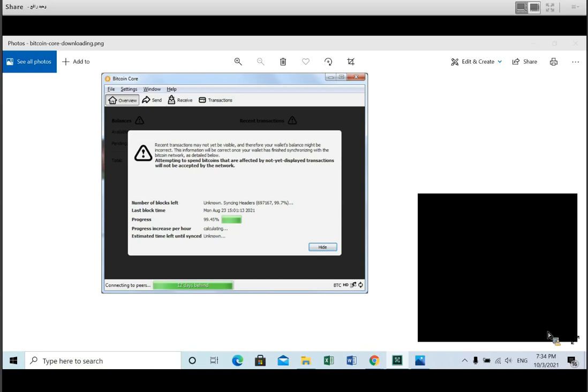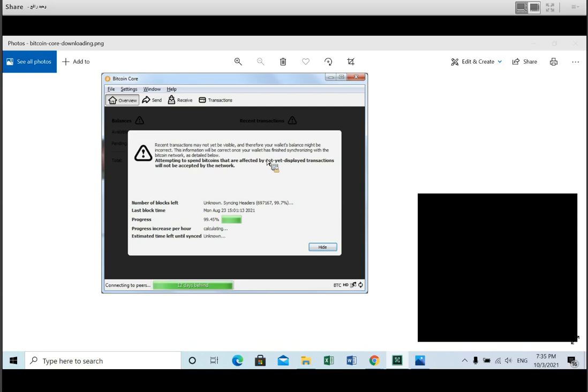As I said, with very fast internet, for me it took 12 days to download all the blocks. However, after buying Bitcoin, when you receive transactions, you can create transactions with this Bitcoin Core, but this software is just a client, okay?